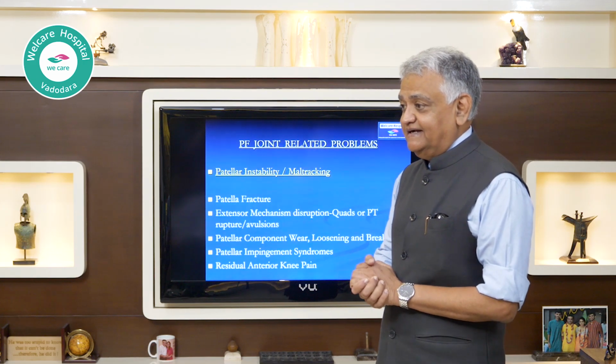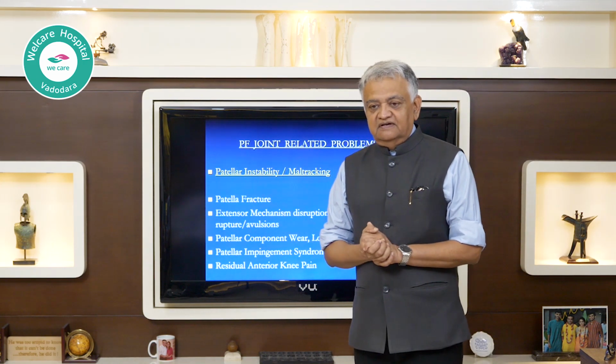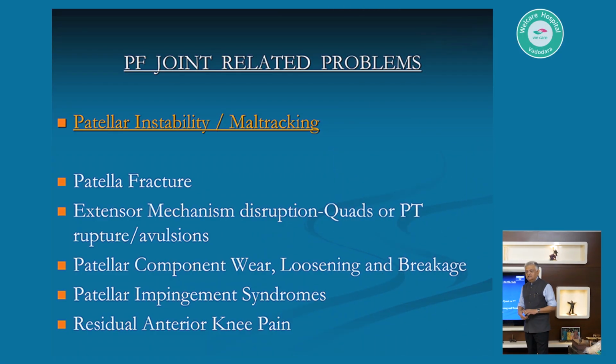The way to look at that would be if you see an extensor lag in either of these cases, but the quads pulling off is more common than the patellar tendon pulling off. But you will see a distinct dip here.